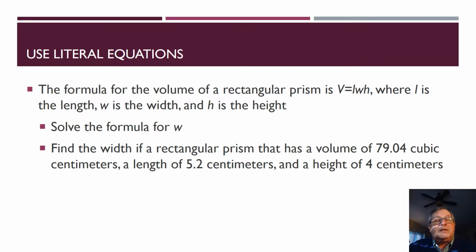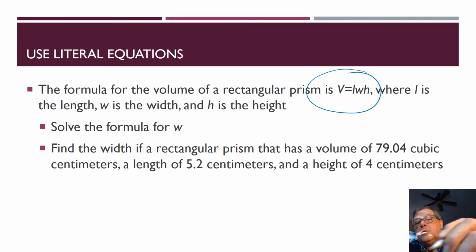And so first it says solve the formula for W. Okay, so if our formula here is the volume equals the length times the width times the height, or we could say the length times the height times the width. And if we want to solve this for W, well, let's see.